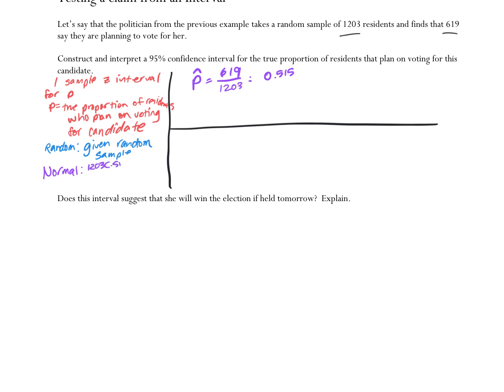Okay, all right, so we're going to do 1203 times the 0.515 and 1203 times the 0.485. And we're going to get 619 and 495. And those are greater than or equal to 10.